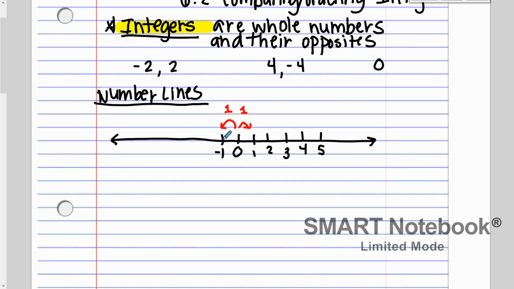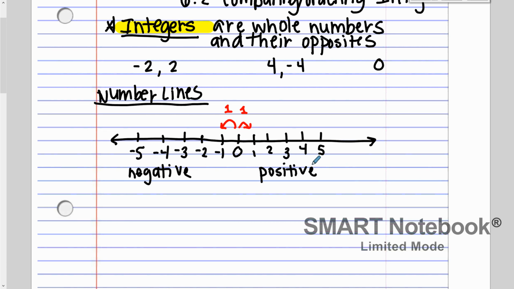So to go from 0 to -2 also needs to be 2 spaces. It's technically counting down going negative, because the more negative a number is, the less value it has, which we're going to talk about in a minute. Okay, so our negative side of the number line will be on the left. Our positive side of the number line will be on the right.